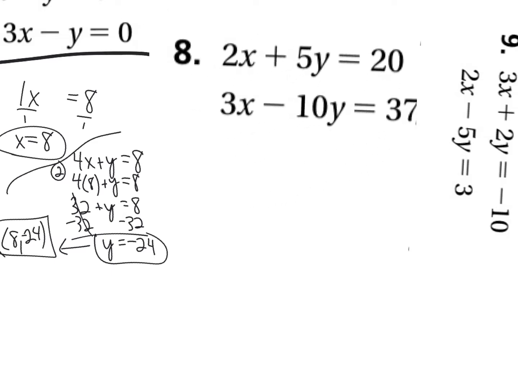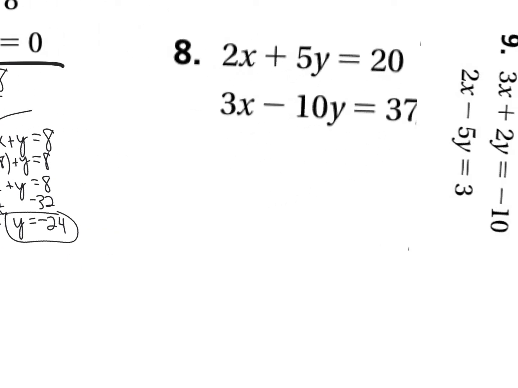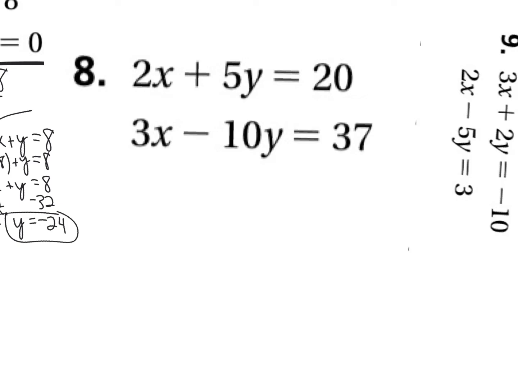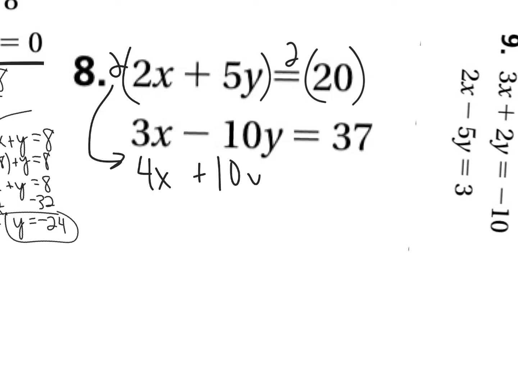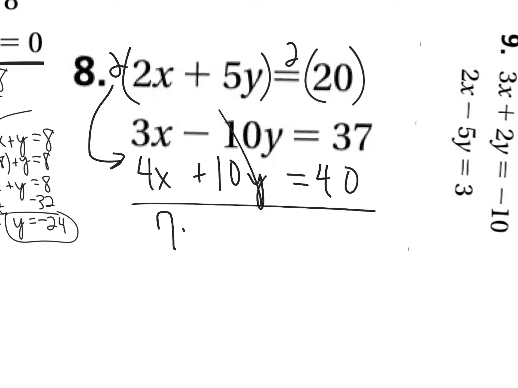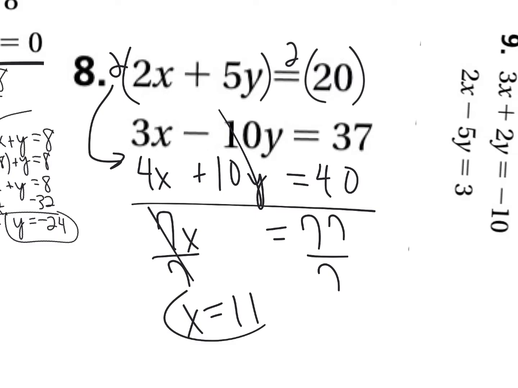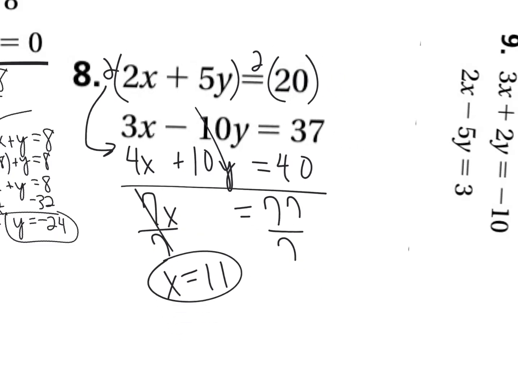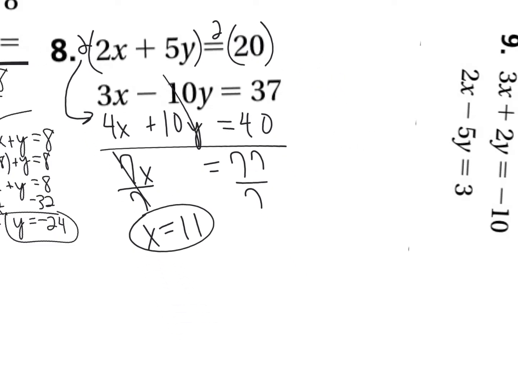Number 8. Nothing's going to just cancel quite so easily as the last one, but if we multiply this top equation by 2, then the y's would be opposites of each other. So x equals 11. And then we could put that in either equation.